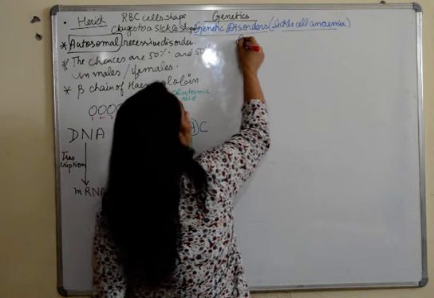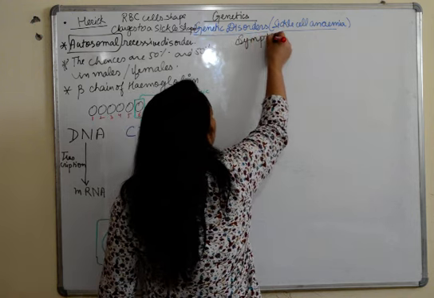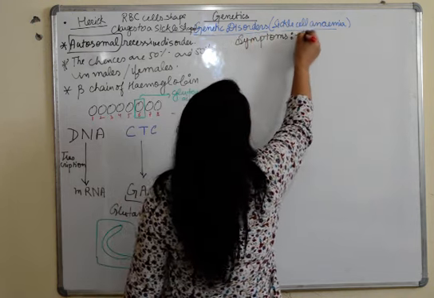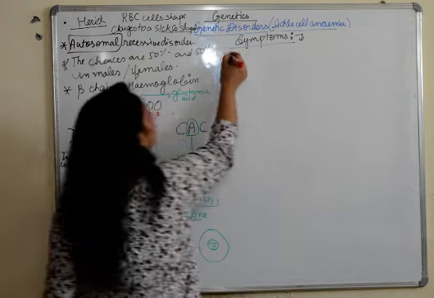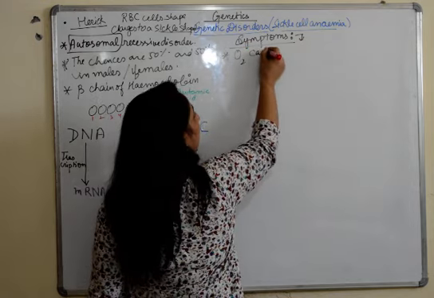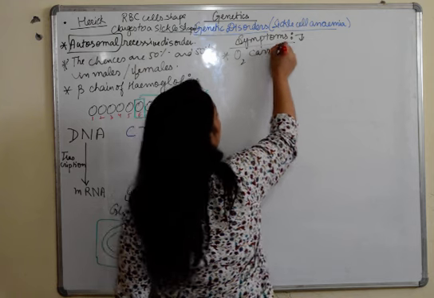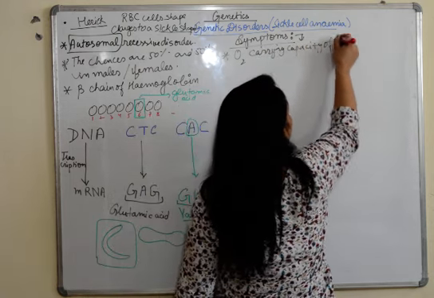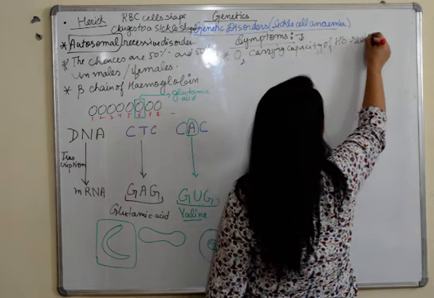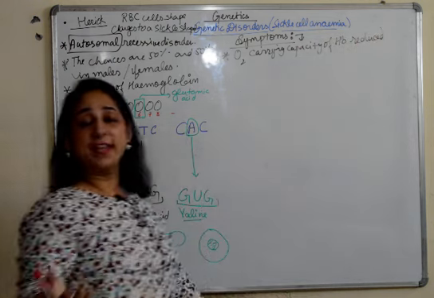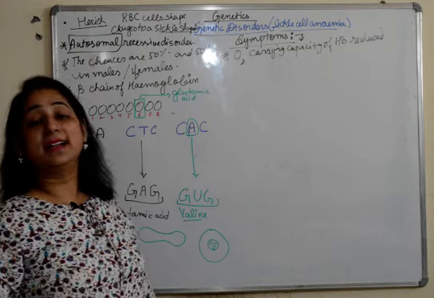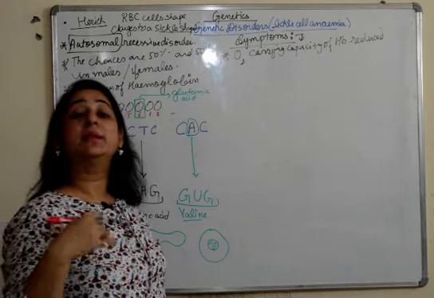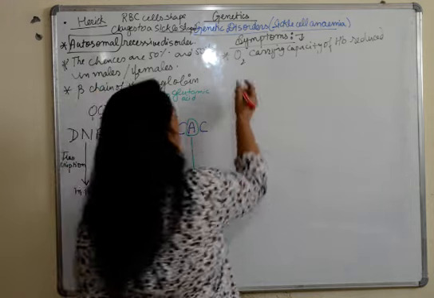Now talking about the symptoms, what do we have here? The oxygen carrying capacity of hemoglobin reduces, because now the shape has changed and it cannot carry that much oxygen, so the body becomes deficient of oxygen.